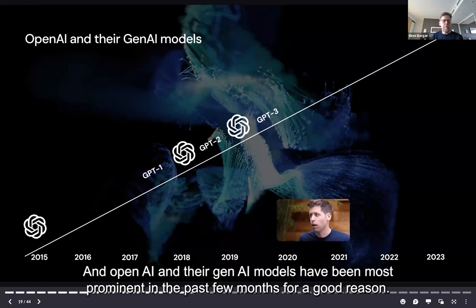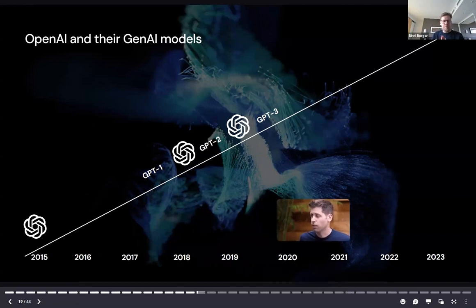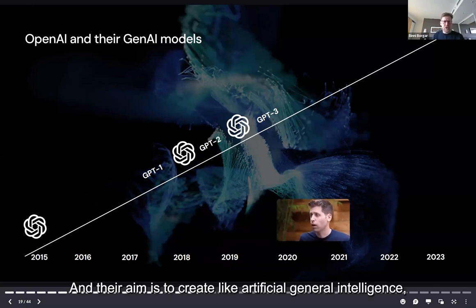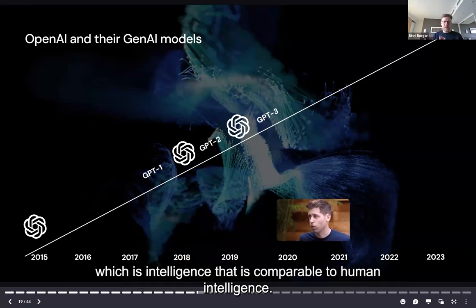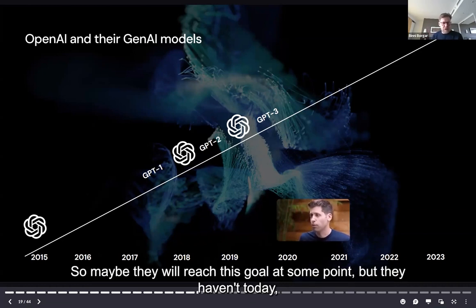And OpenAI and their Gen AI models have been most prominent in the past few months for a good reason. The company was founded in 2015, and their aim is to create artificial general intelligence, which is intelligence comparable to human intelligence. Maybe they will reach this goal at some point, but they haven't today.